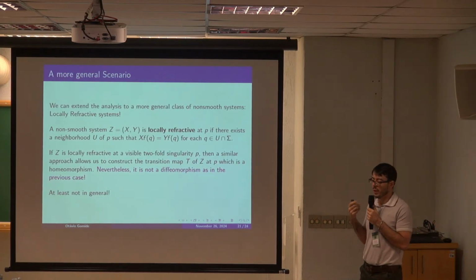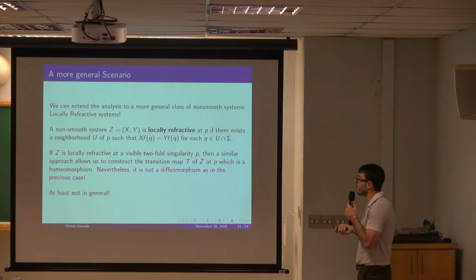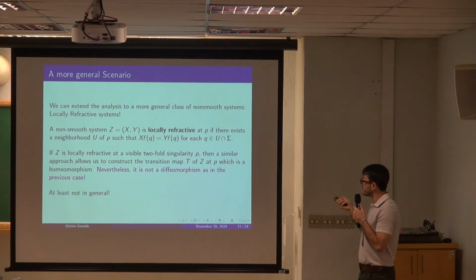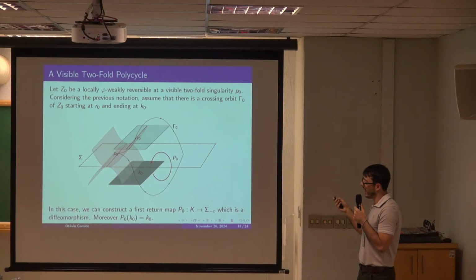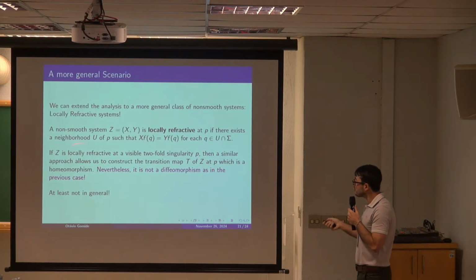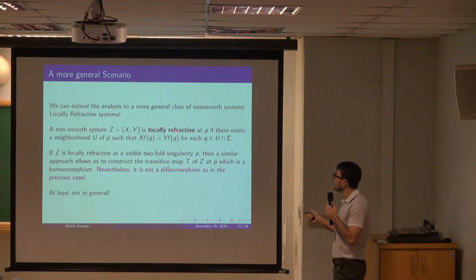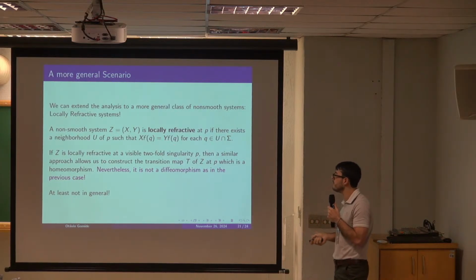And of course, we ask ourselves, is there a more general scenario where we can analyze this polycycle? And yes, we can do this in the scenario of locally refractive systems. The refractive system will also maintain the property that we have the coincidence of the tangential sets. So a non-smooth system is locally refractive if there is a neighborhood U of p where both Lie derivatives of X and Y coincide.